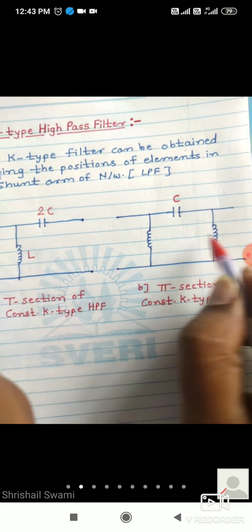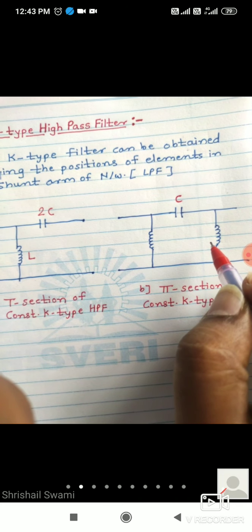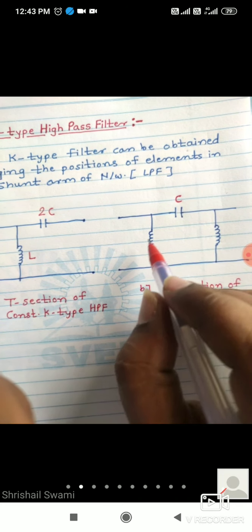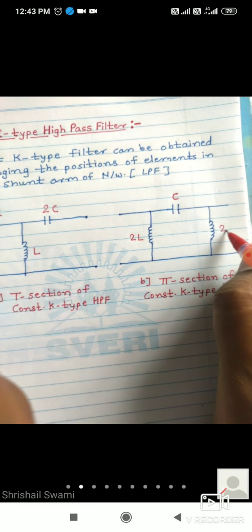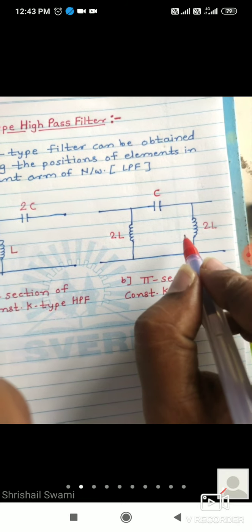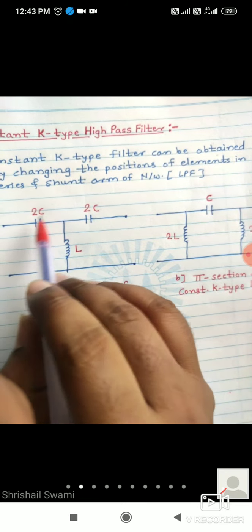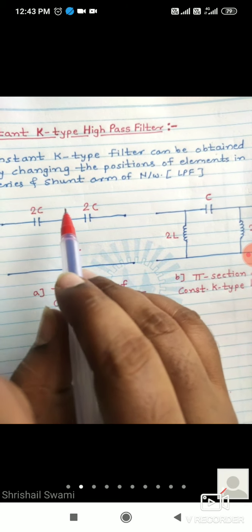And here when inductors are connected in parallel, to become L it should be 2L and 2L. म्हणजे 2L जर पॅरलल कॉम्बिनेशन घेतलात तर त्याचा आन्सर L होणार. तसंच 2C जर सिरीज मध्ये कनेक्ट केलात तर त्याचा आन्सर C होणार.